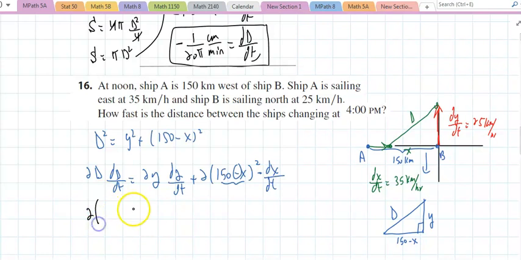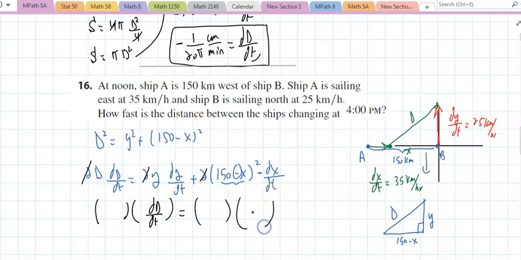twice the distance, I'll get in a minute, the change of the distance between them, I'll get that in a minute. Actually, I could drop that 2 off. Y I have, I'll get in a minute. dy/dt I have as 25. 150 minus x and a negative, and let's see how this works.